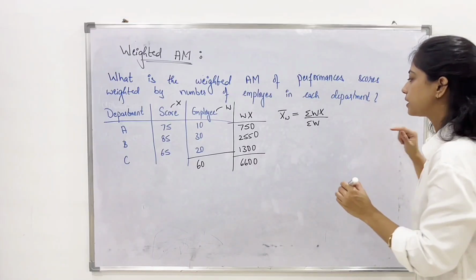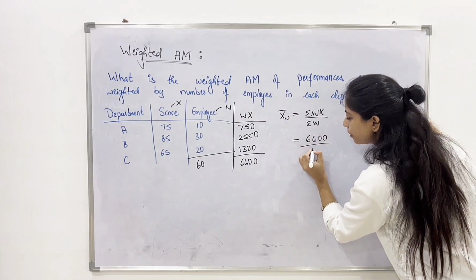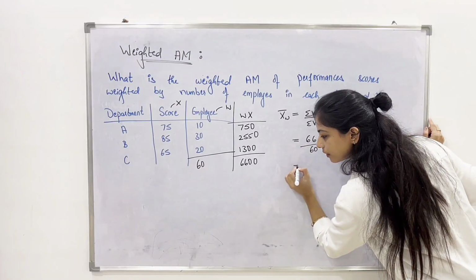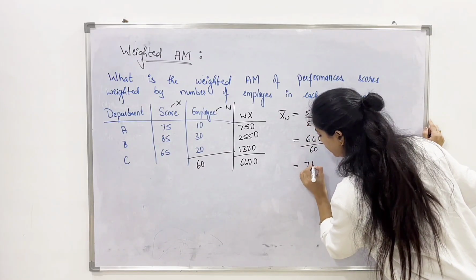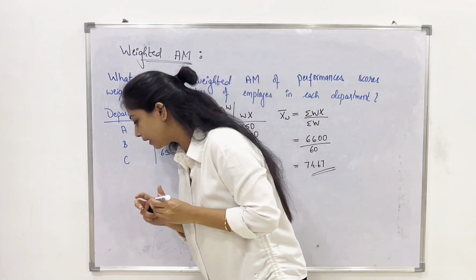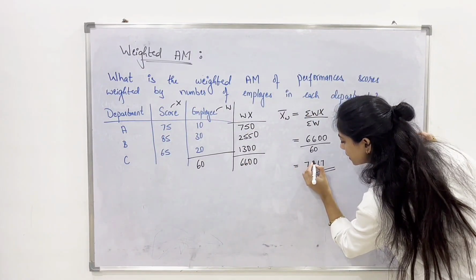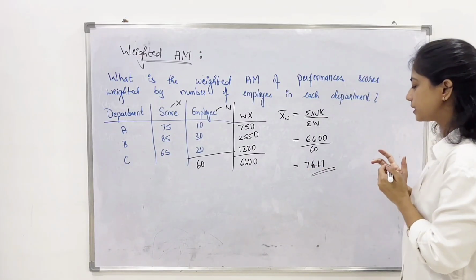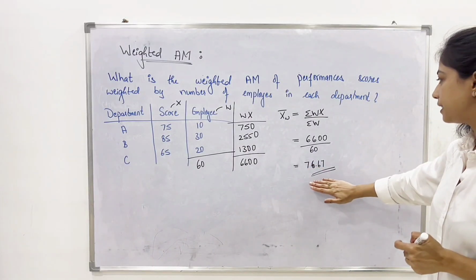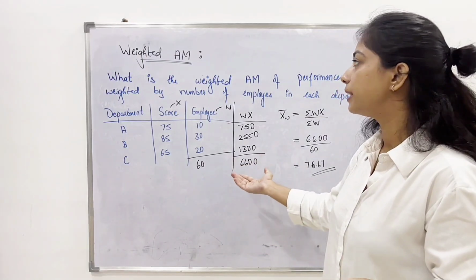We will substitute this in our formula, 6600 upon 60, which will give us 74.67 as our answer. Sorry, it is 76.67 as the value. So in this case, we have calculated the weighted arithmetic mean.